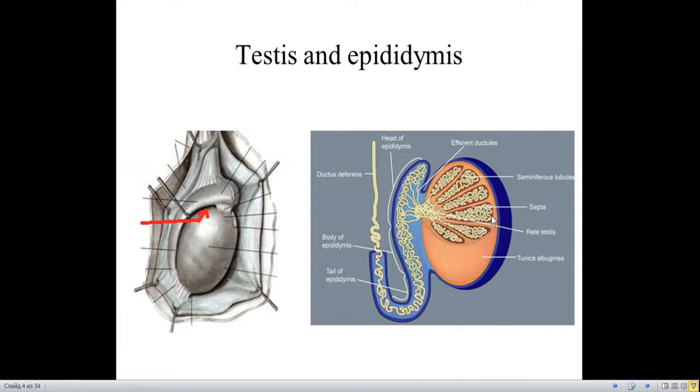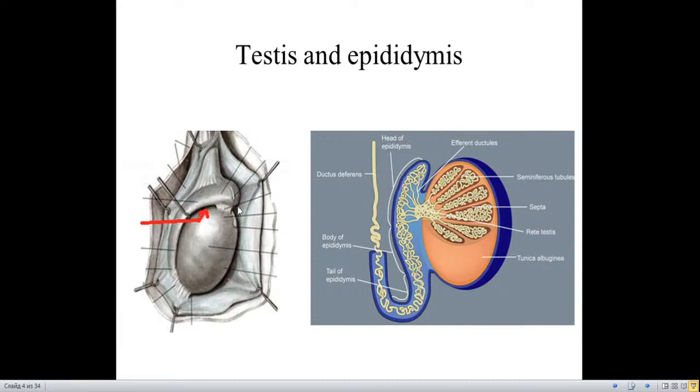It takes place in convoluted seminiferous tubules. After that, sperm goes through straight seminiferous tubules and joins a network of tubules known as rete testis. Then from rete testis the efferent ductules originate, which empty into the epididymis, especially its epididymal duct.